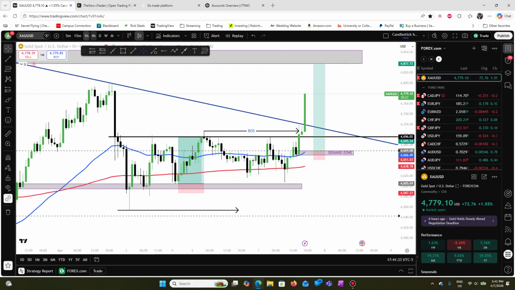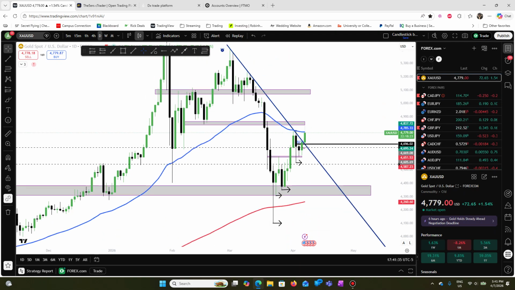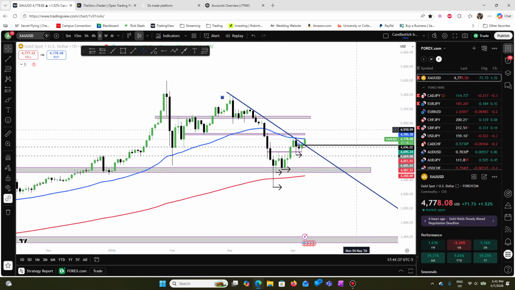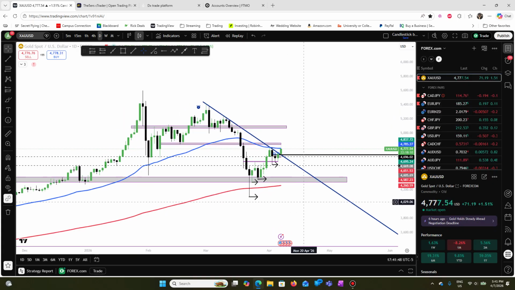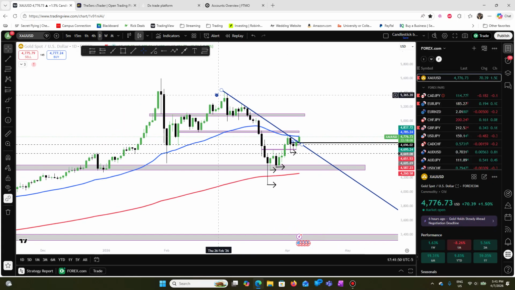So from a higher time frame, let's go to the daily. We had this trend line, which we've seen in previous videos of when the fail came, and then it started making new lower lows and higher highs, lower highs and higher highs. So we had that trend line and we had the alert.